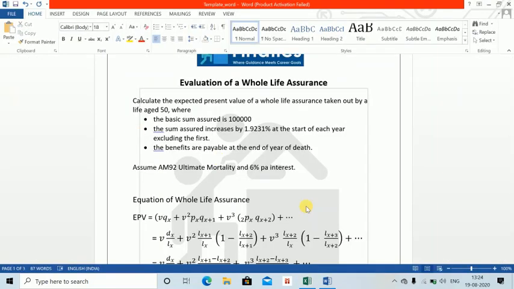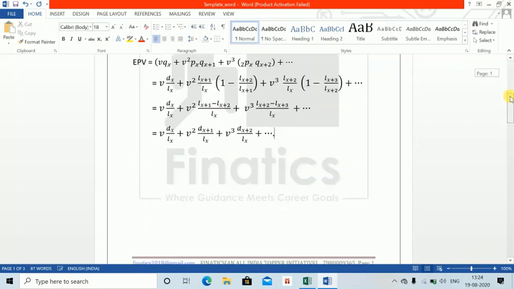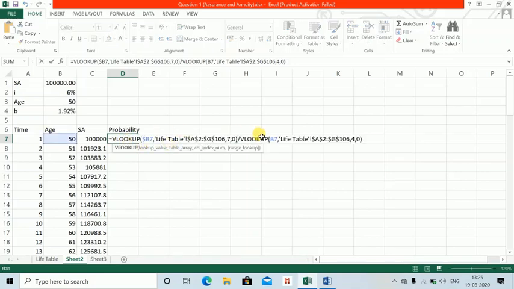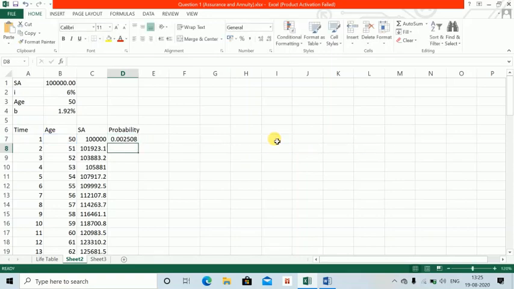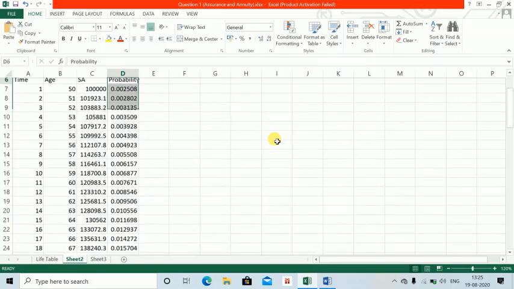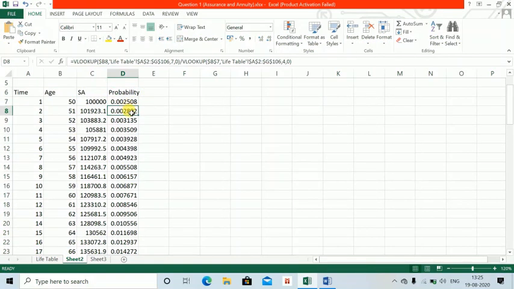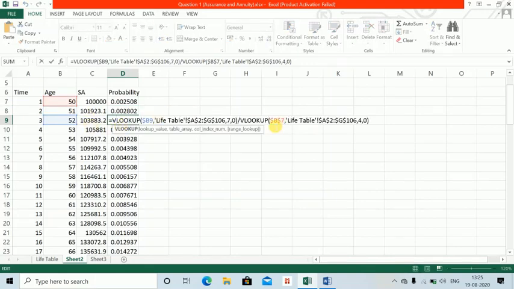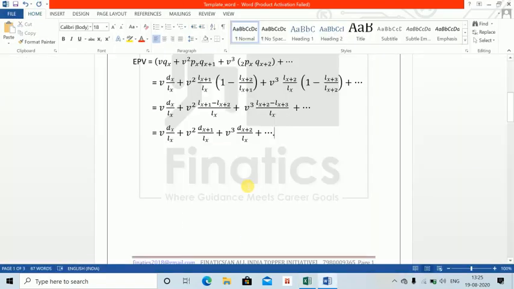Now if I show you the equation, l_x remains fixed. For each and every term l_x is the same; it does not change. That means it is at age 50 only, l_50. So this l_50 will always remain fixed in our equations, and we can drag it down. Once you drag down these probabilities, this is d_51 by l_50, this is d_52 by l_50, and so on, the way we showed in the equation.